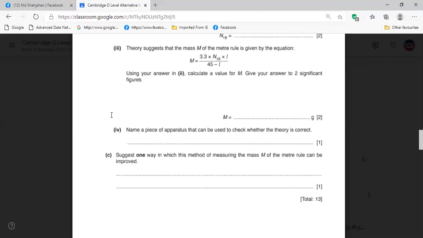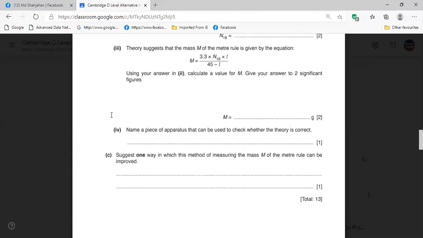If you are taking 1 gram masses, like you said different masses, other than using this word, you can say using smaller masses to get a more accurate reading of this. Here we are getting 3.3 grams. If we are using 2 gram ones, then we can get more accurate readings.